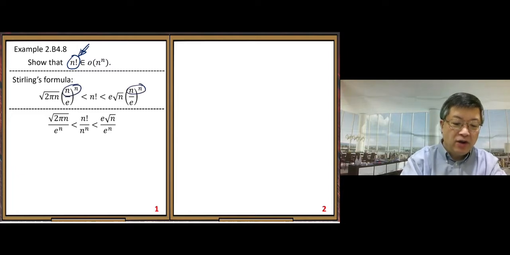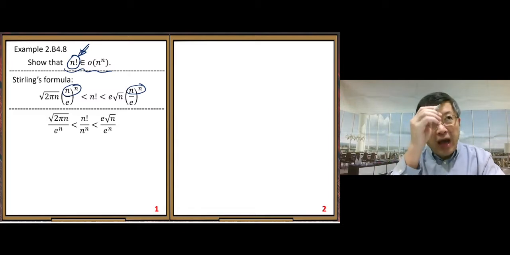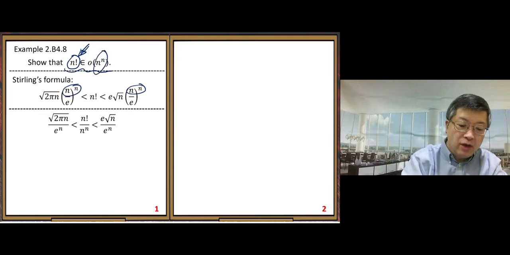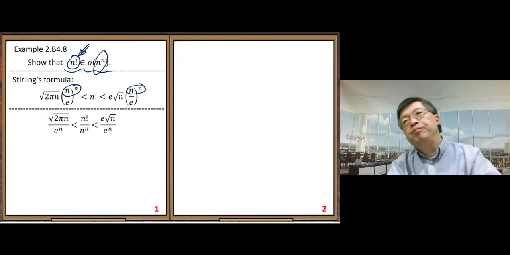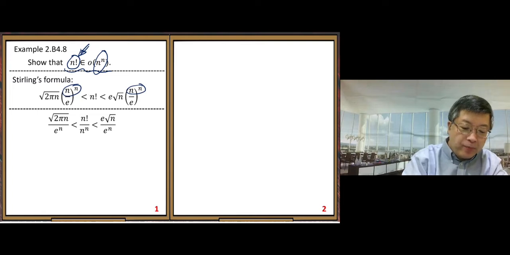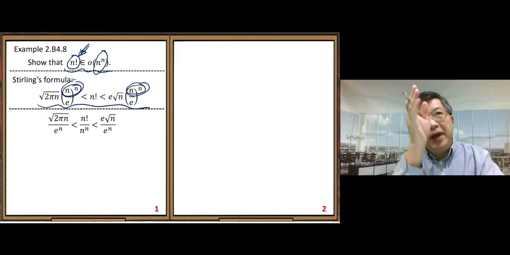Because if you look at our original question, we need to calculate the limit n factorial over n to the nth. And in the inequality, you can find the n to the nth part, right? So then it's very easy.